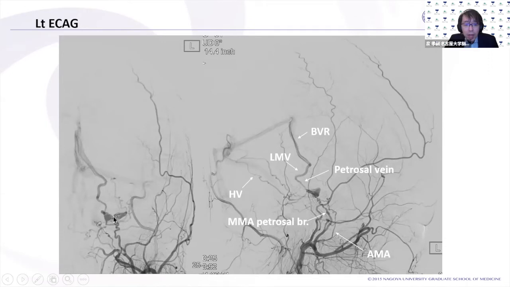Here's a large pouch. In lateral view, we can see many vessels. Feeders are the MMA, petrosal branch, and accessory meningeal artery. And here's the shunted area. And the draining veins: petrosal vein, lateral mesencephalic vein, and the basal vein of Rosenthal.